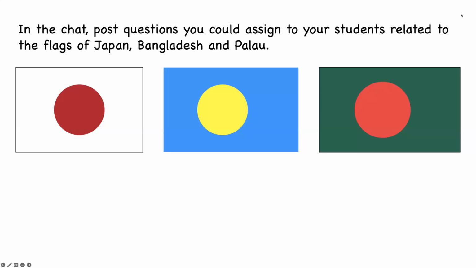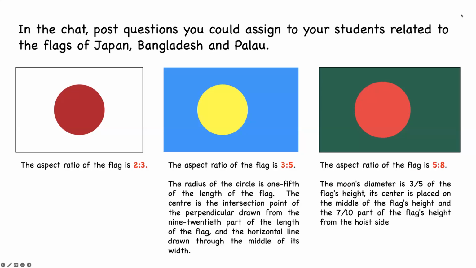Because of the way Ken and I have presented these flags to you, this may not be obvious, but I'm going to stack them going down. I'll do that in a moment. The aspect ratio of these flags, the length to width. For Japan, it's 2 to 3. For Palau, it's 3 to 5. 5 to 8.